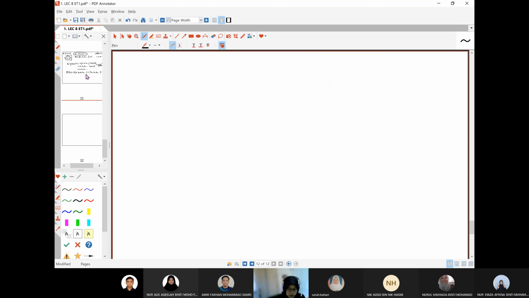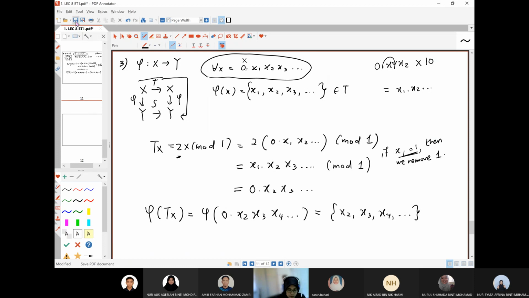So now from the another way, kalau untuk this part, you have to show phi T x is equals to S phi x. So this one, kalau in the third property.